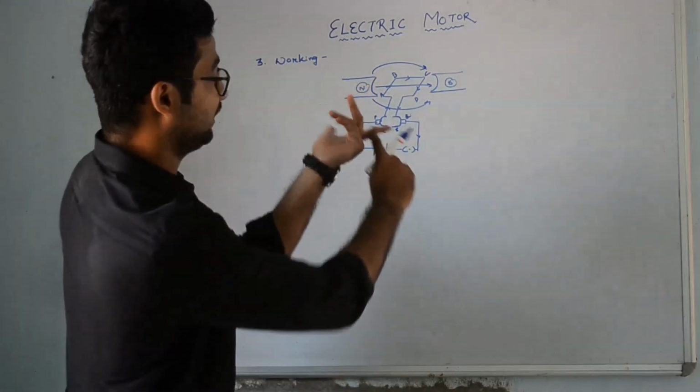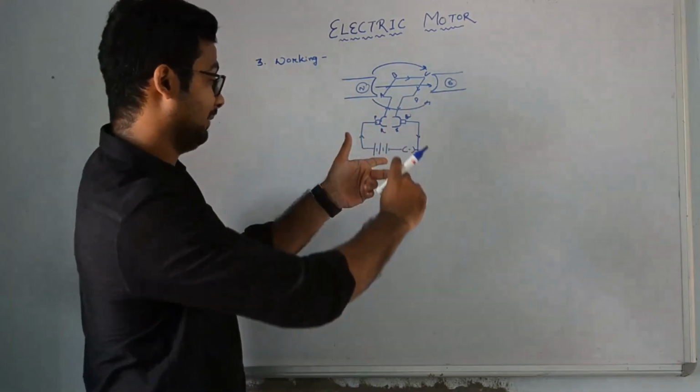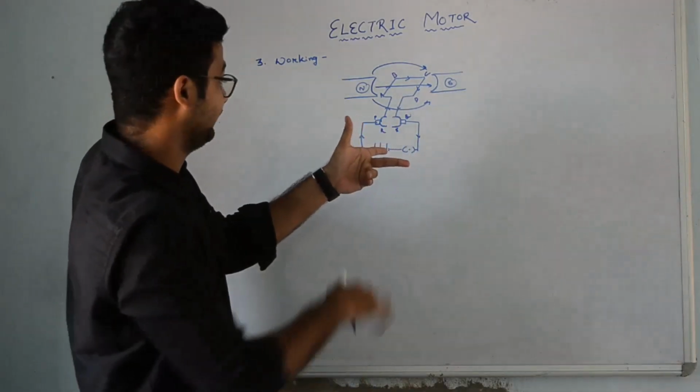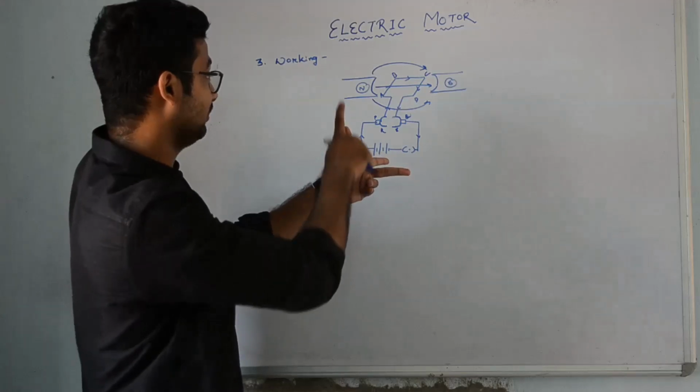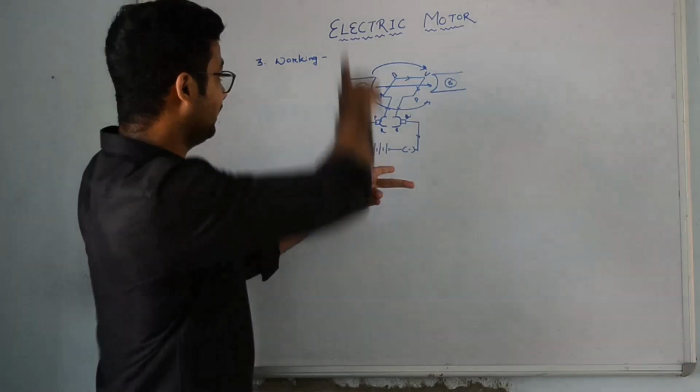So if current is going in the inward direction and the magnetic field is going in this direction, then the force experienced on this coil, on AB, will be in the upward direction.